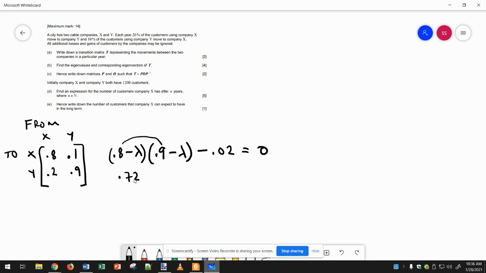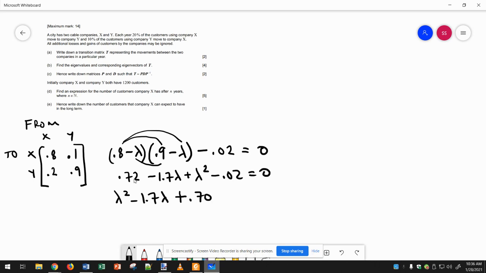Then minus 0.8 lambda, minus 0.9 lambda, so that's minus 1.7 lambda. Then negative lambda times negative lambda is positive lambda squared, minus 0.02. Combine like terms and put it into standard form. 0.72 minus 0.02 is plus 0.70, or just 0.7.